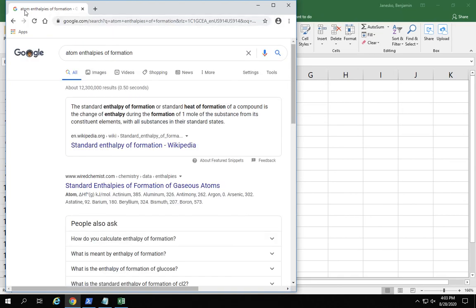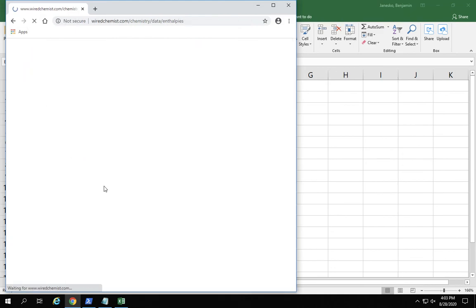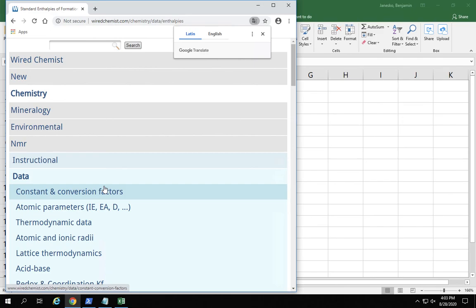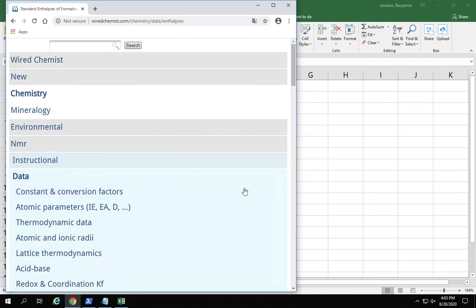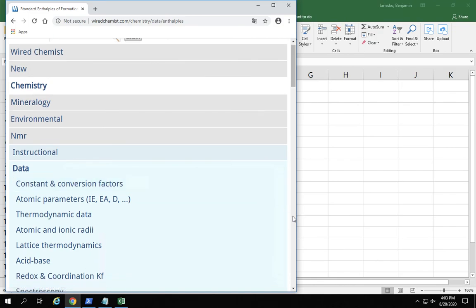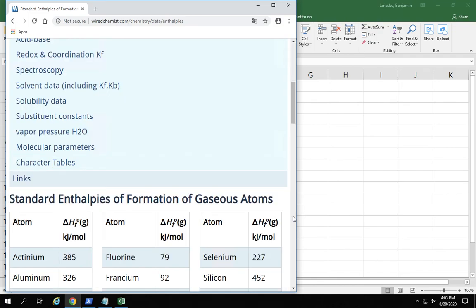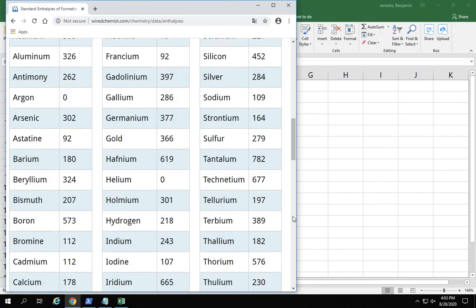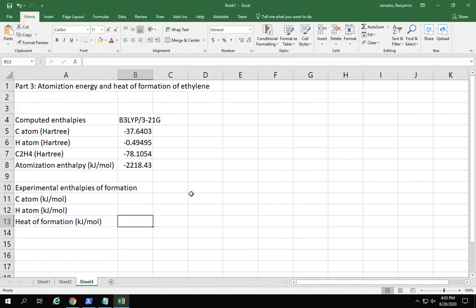You'll want to get an actual reference of these, but standard enthalpies of formation of gas atoms in kilojoules per mole. We're just going to grab these numbers. I'd like you to try and see if you can find a better reference, but I'm just going to grab these. So hydrogen is 218.